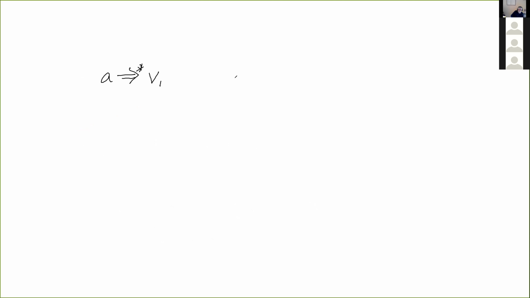And A evaluates in 0 or more steps to a single value V2. It's crucial that this is a value. That implies that V1 equals V2. Because once you have a single value, there's no more evaluation that can take place.